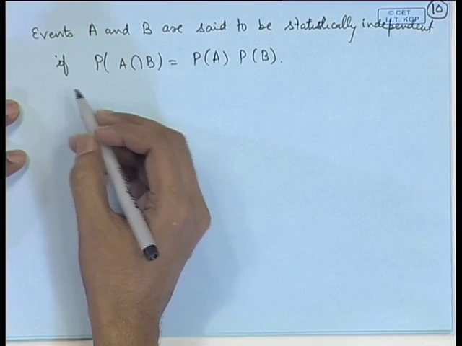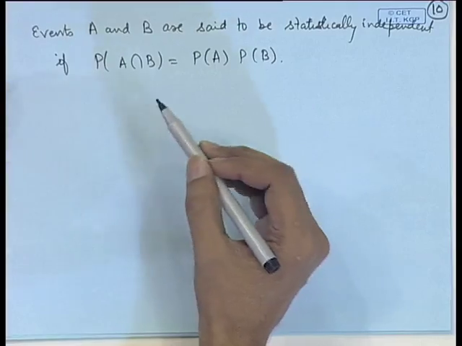Naturally, a question arises that if I have more than two events, then what is the meaning of independence?